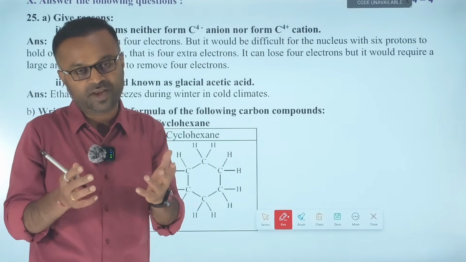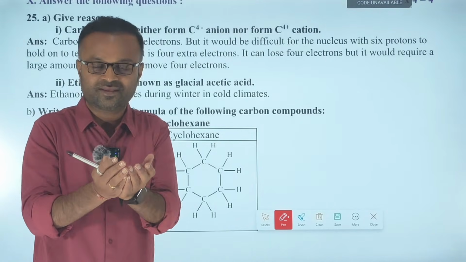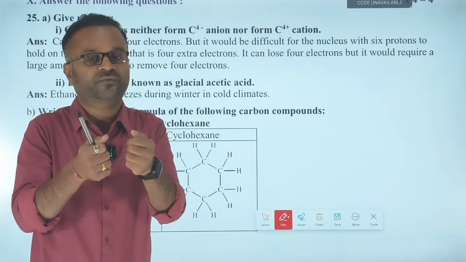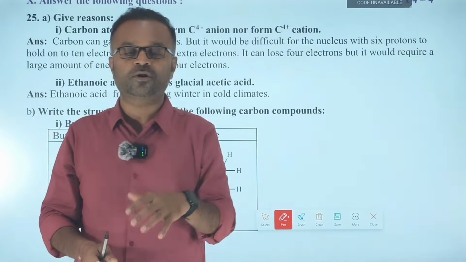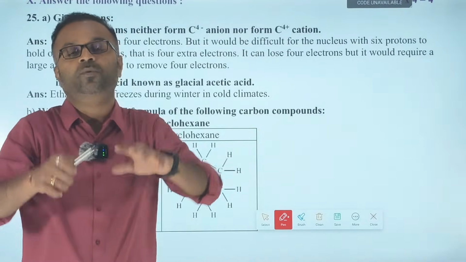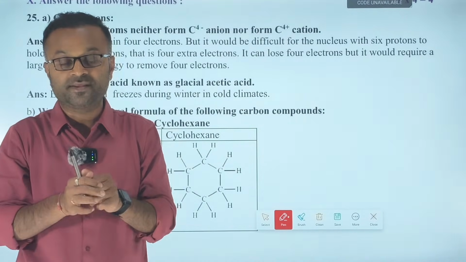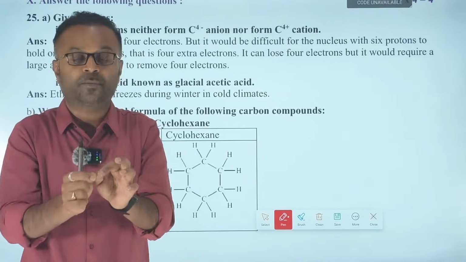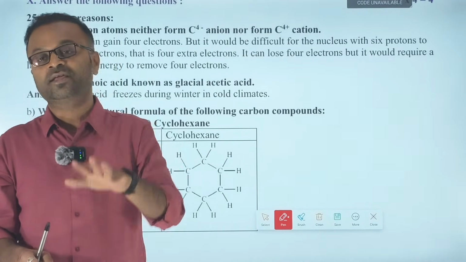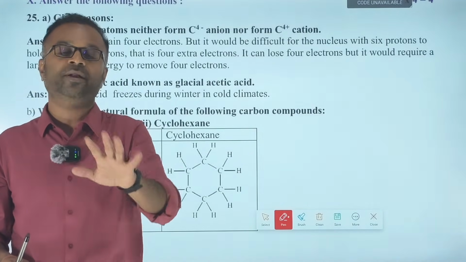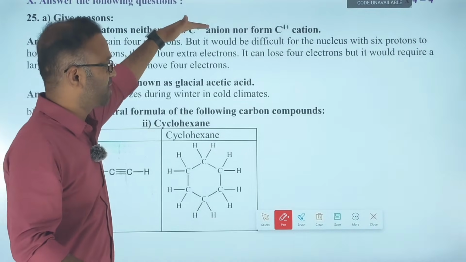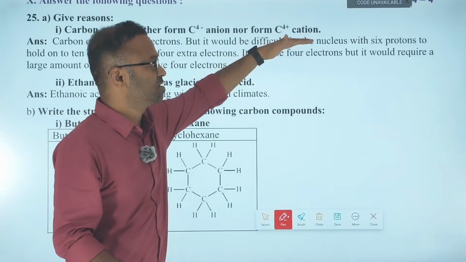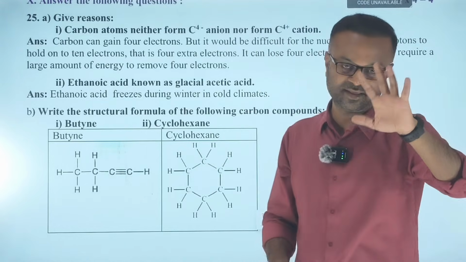That is not possible, as the number of protons is very small. In case the carbon gains 4 electrons, the total number of electrons in its orbit will be 10. So the 6 protons in the nucleus of the carbon will be unable to hold the 10 electrons in its outermost orbit. That's the reason carbon atom neither forms C4- anion nor C4+ cation. This is the reason behind that.